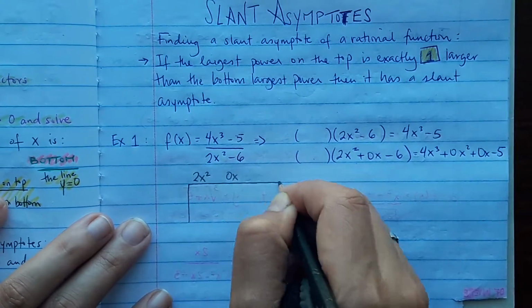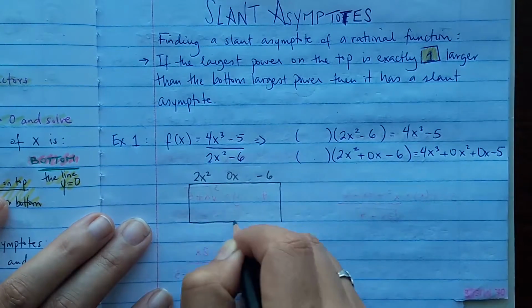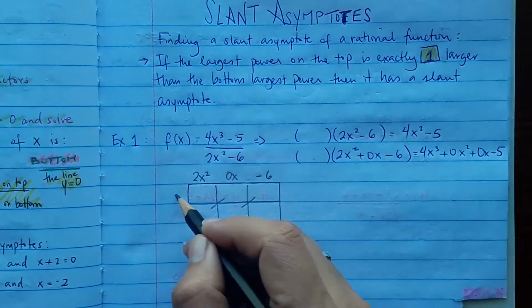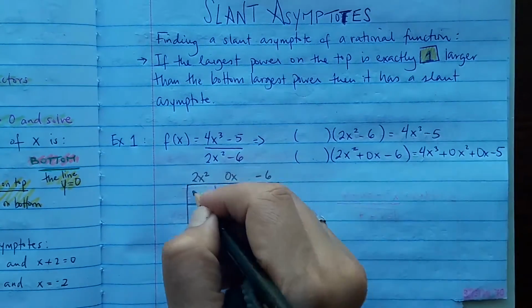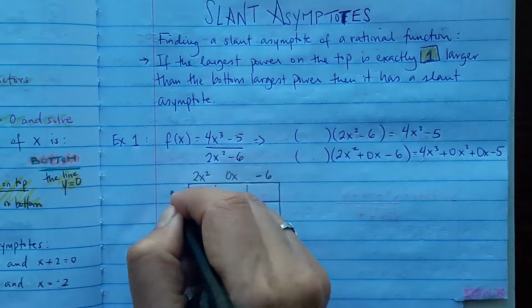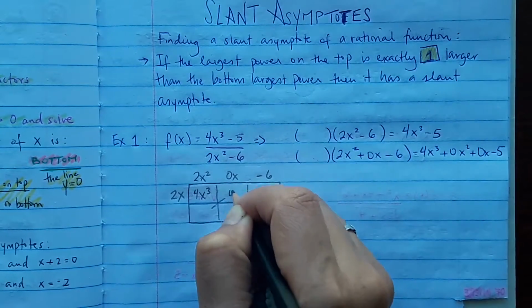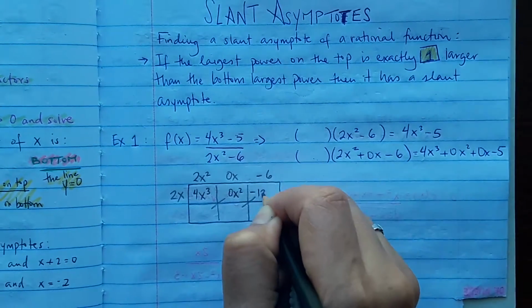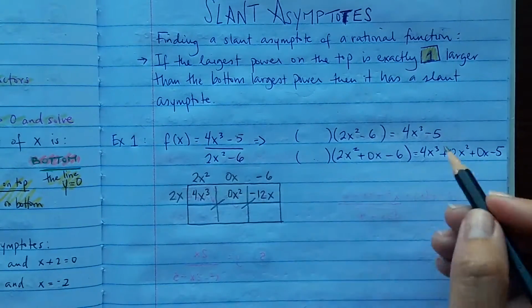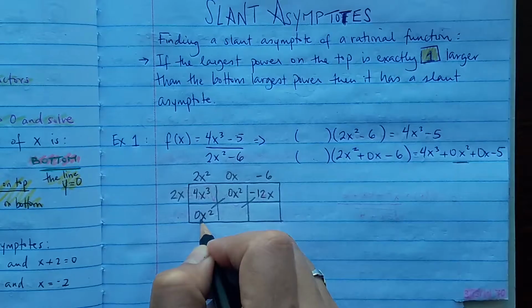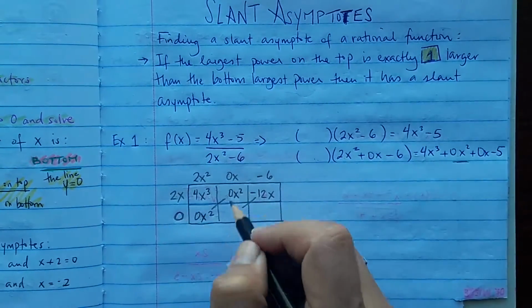We put the 1 on top, and we multiply by something that gives us the 4x cubed minus 5. So that first box should be 4x cubed. That times that is that, so that's going to be 2x. That times that is 0x squared. That times that is negative 12x. To fill out this bottom, remember it has to add up to the x squared one. It has to add up to 0, so that also has to be 0. So that times that is 0, so that has to be 0.